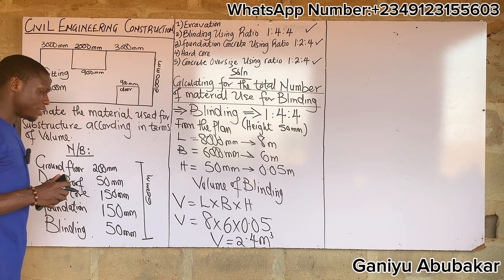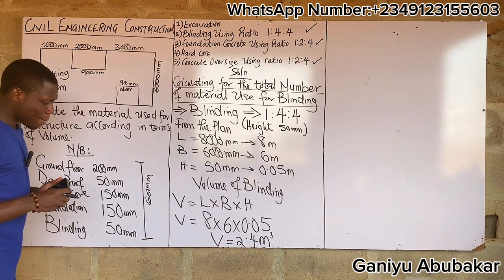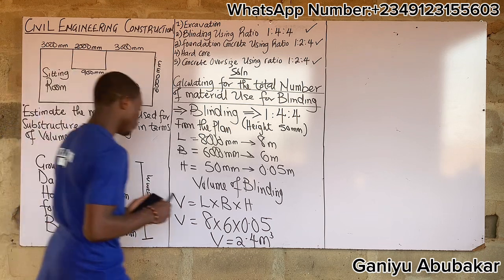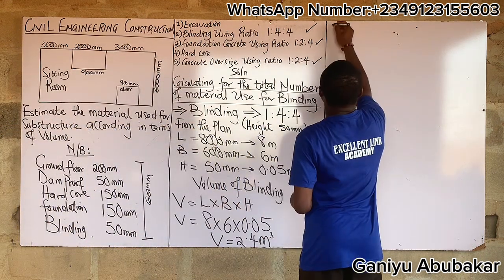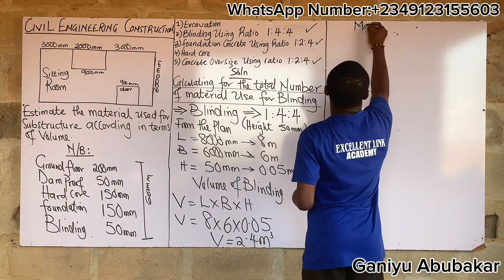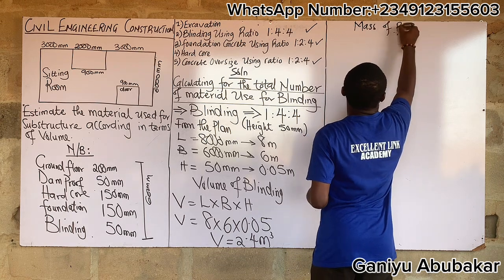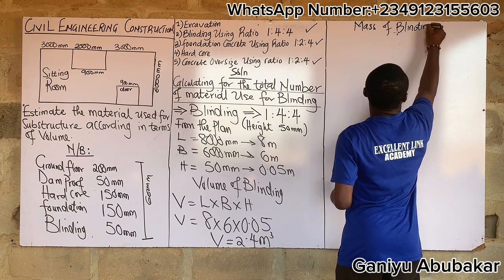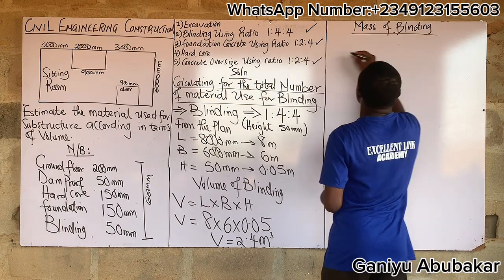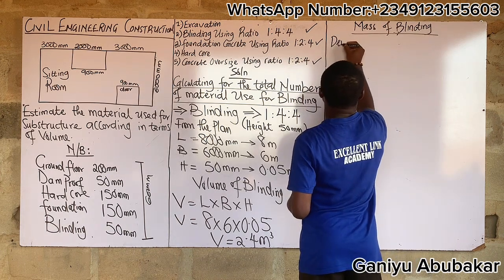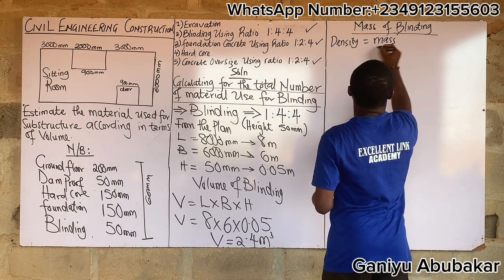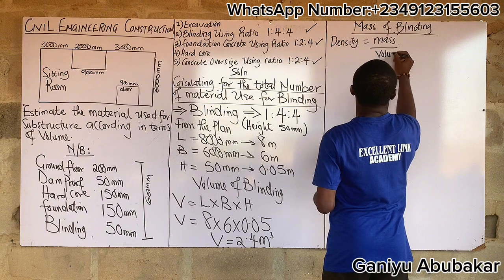All right, at this point, let's get the mass of this concrete. The next thing is to calculate the mass of the blinding. So basically we know that density is mass over volume.